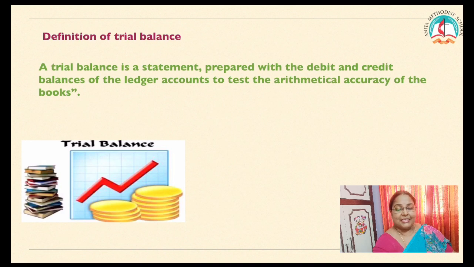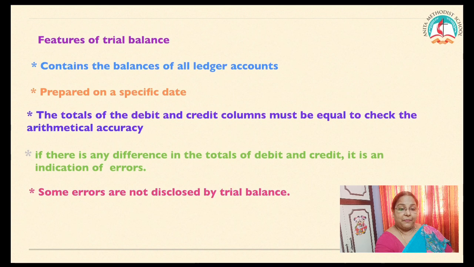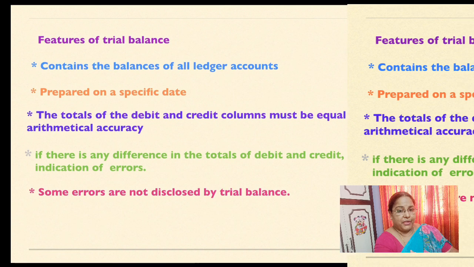Very easy, isn't it? Then, features of trial balance. Characteristics, features. Contains the balances of all ledger accounts. What all the ledger accounts you prepare? All the balances of ledger accounts are inside the trial balance. Prepared on a specific date, usually at the end of the year.